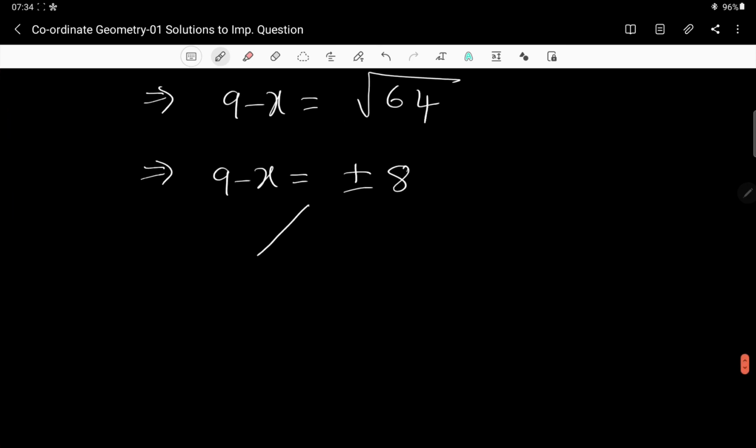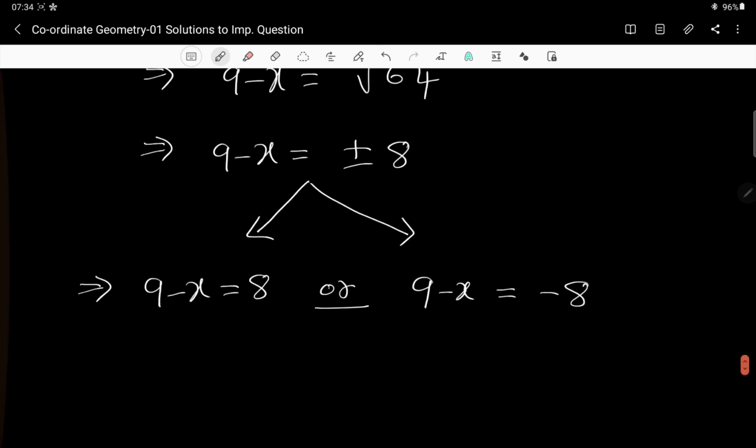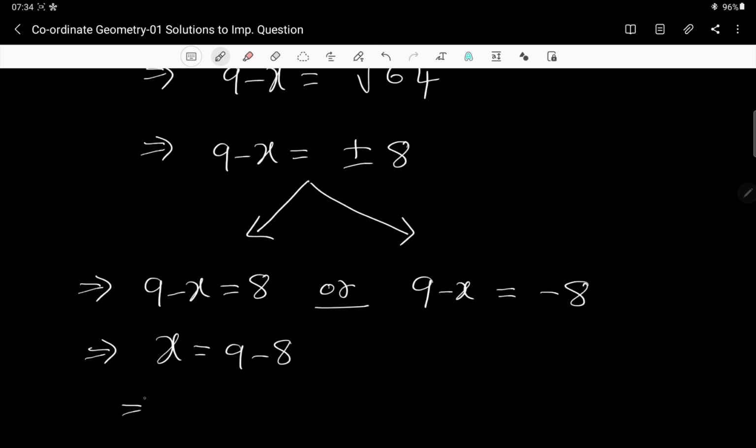Now it takes two cases here. One is 9 minus x is equal to 8, and the other is 9 minus x is equal to minus 8. So you send that x that side: x is equal to 9 minus 8, so the value of x is 1.